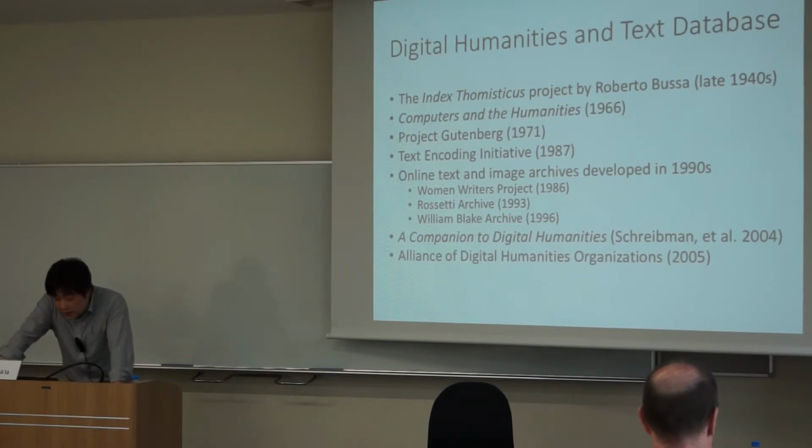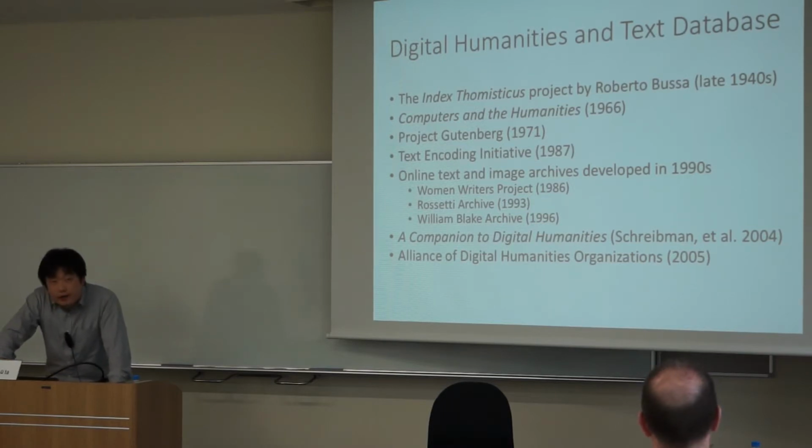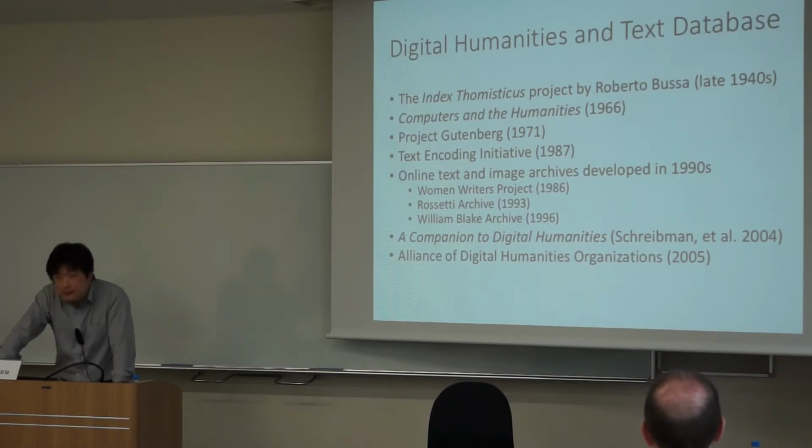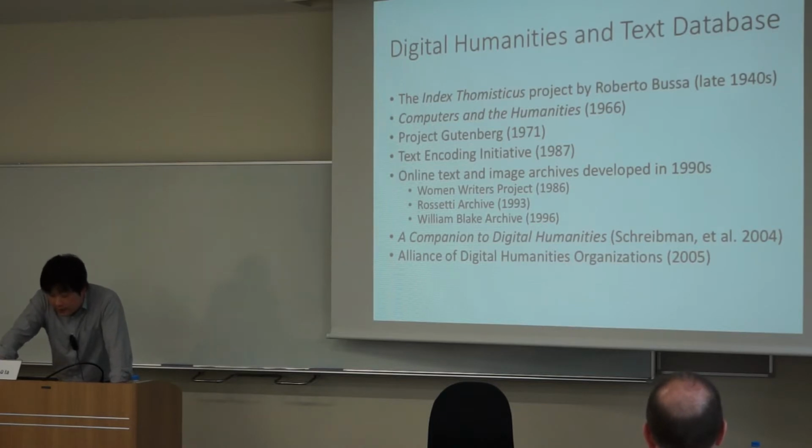The rise of digital humanities is deeply connected with text databases. Digital humanities itself is a very new academic field that has evolved in the mid-2000s. It is said that the term digital humanities became popular only after 2004, when Susan Schreibman's book A Companion to the Digital Humanities was published.